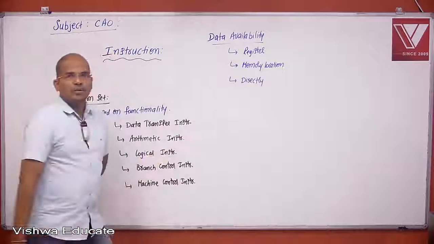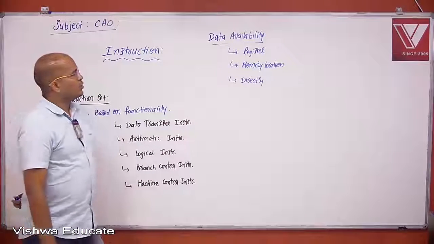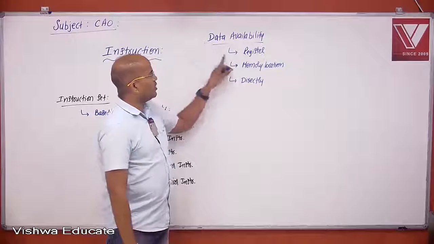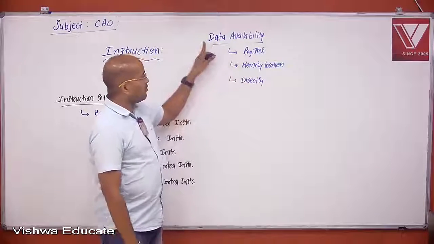Data is available directly. So data can be found in a register, data can be found in a location, data can be found directly.